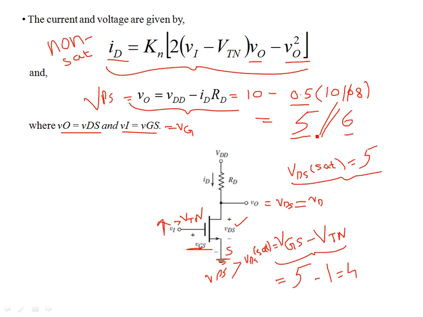Okay, so the VDS sat should be at least greater than 5 volts. For a given threshold voltage of 1 volt, if you select the supply VGS as 5 volts, 5 minus 1 is 4, then that means the transistor is indeed biased in the saturation region, and you can go on to find the current ID using the IV characteristics of the saturation region.